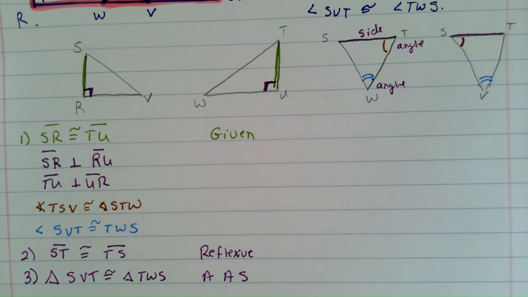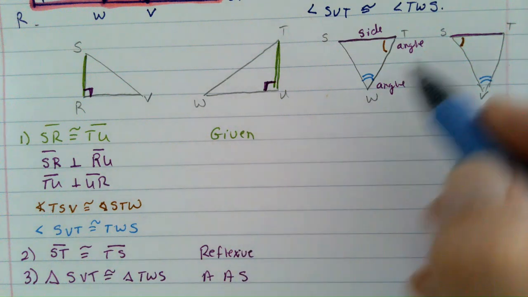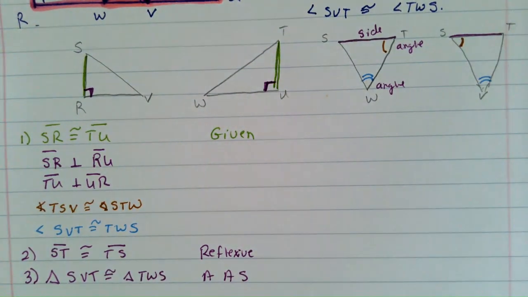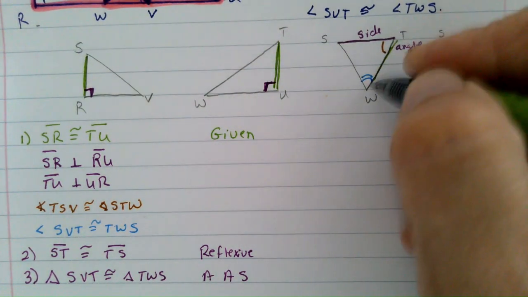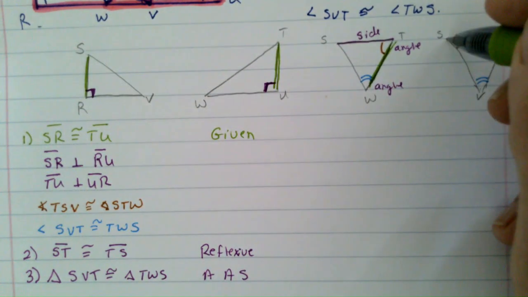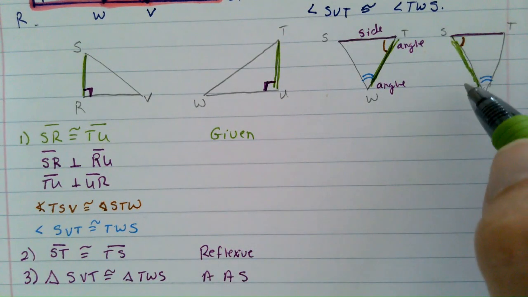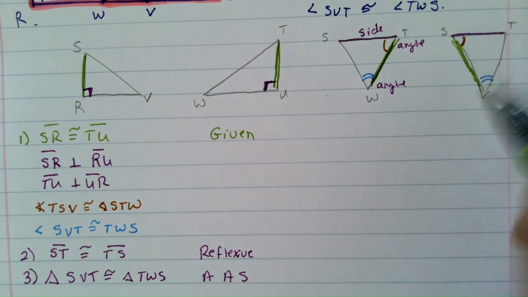What you may have forgotten in that quick little synopsis is that what we needed was for TW to be congruent to SV. Aren't they now because of this little statement over here? Absolutely.